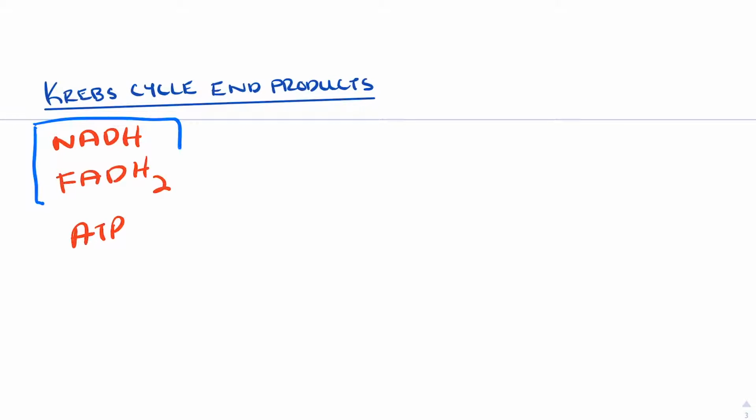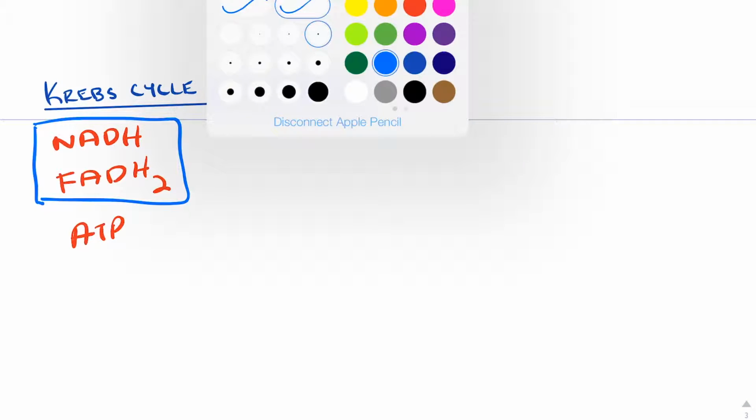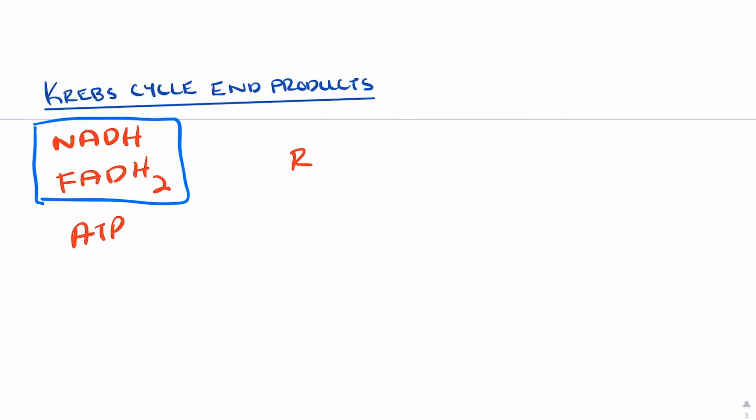So these molecules right here, I really want to focus on: NADH and FADH2. These molecules were reduced by the Krebs cycle.